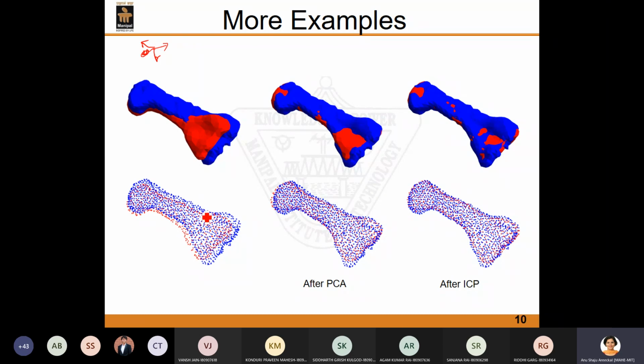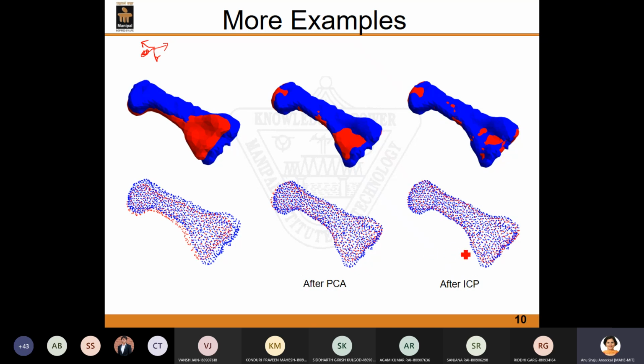So if you look at it as a 3D point cloud, with the blue representing the target and the S representing the source, this is just an example of how, with each iteration, this is the initial estimate after PCA, where you see that it has somehow coincided, but there are still regions which are not exactly corresponding, or which are lying far away from the corresponding points.